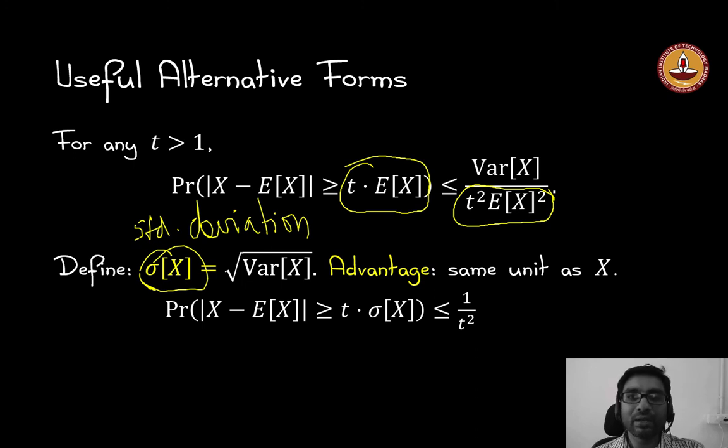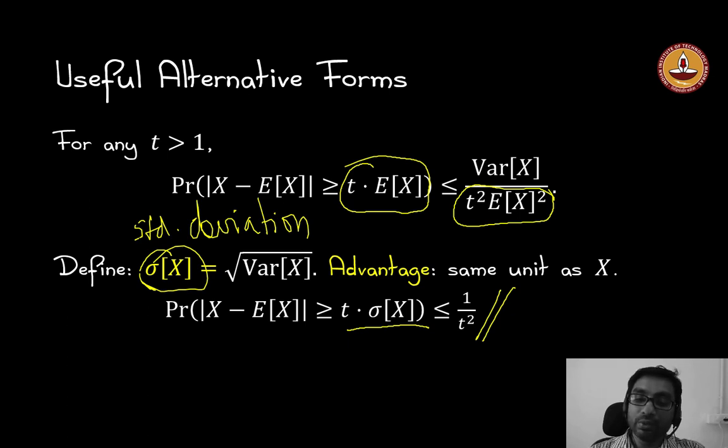A common question people ask about random variables relates to how large the standard deviation is, because that tells you how much the random variable is likely to deviate from its expectation. So what's the probability that a random variable will deviate from its expectation by more than t times the standard deviation of X? That's going to be at most 1 over t squared, simply by applying Chebyshev's inequality.